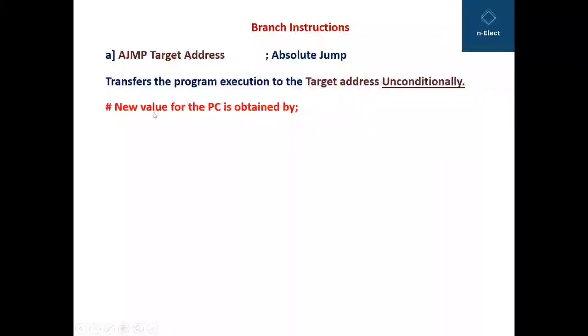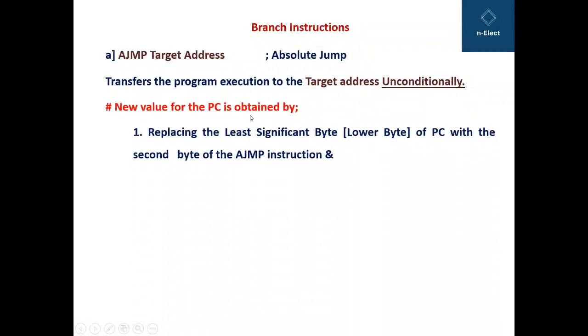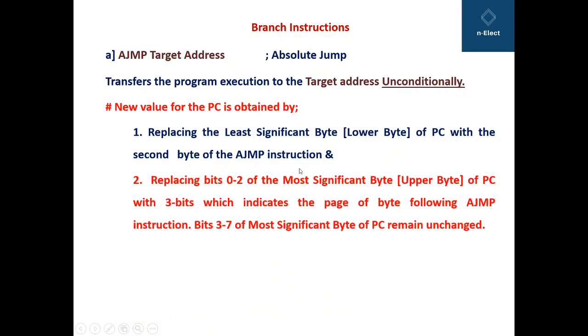In this instruction, the new value for the program counter is obtained by replacing the least significant byte, that is the lower byte of the program counter, with the second byte of the AJMP instruction, and replacing bits 0 to 2, that is 0, 1 and 2, of the most significant byte, that is the upper byte of PC, with 3 bits which indicate the page of the byte following the AJMP instruction.